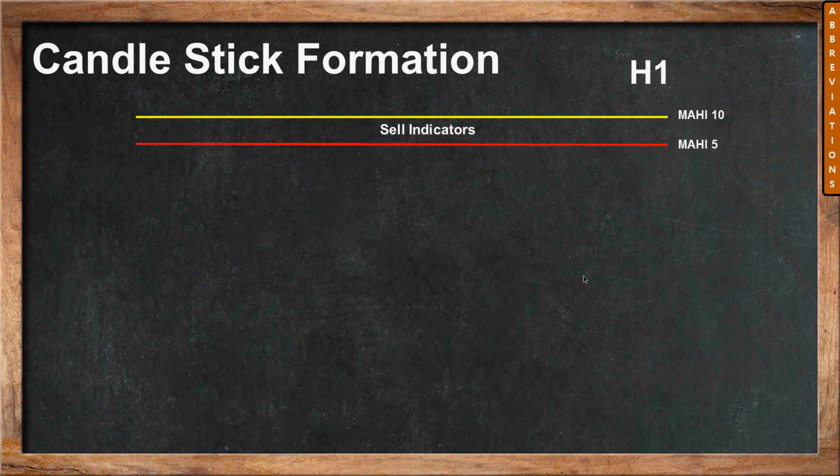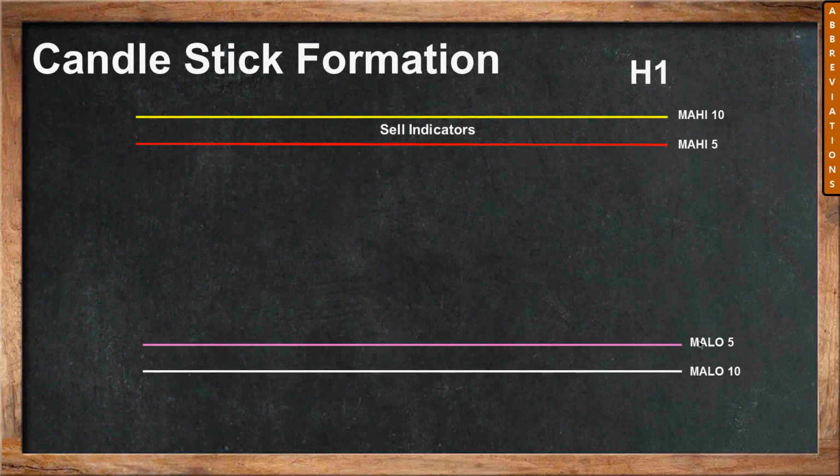They are called sell indicators, and we have MALO 5 and MALO 10, which are buy indicators. So we have two pairs of indicators that help us define where we can enter for buy and sell. It's really straightforward, because we are going to sell at the highest price, and also we're going to buy at the lowest price.